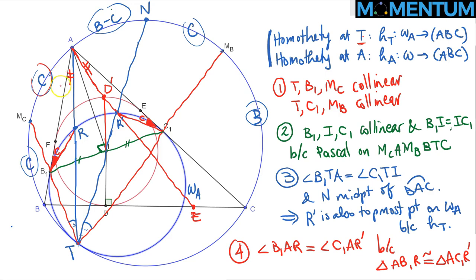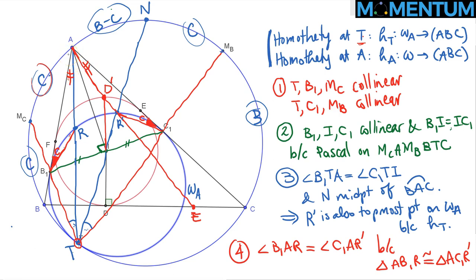So that's basically one way to locate the touch point of the mixtilinear incircle with the circumcircle. All you do is identify the topmost point of the incircle, connect it to A, and then measure the angle, and you measure the angle on the other side.